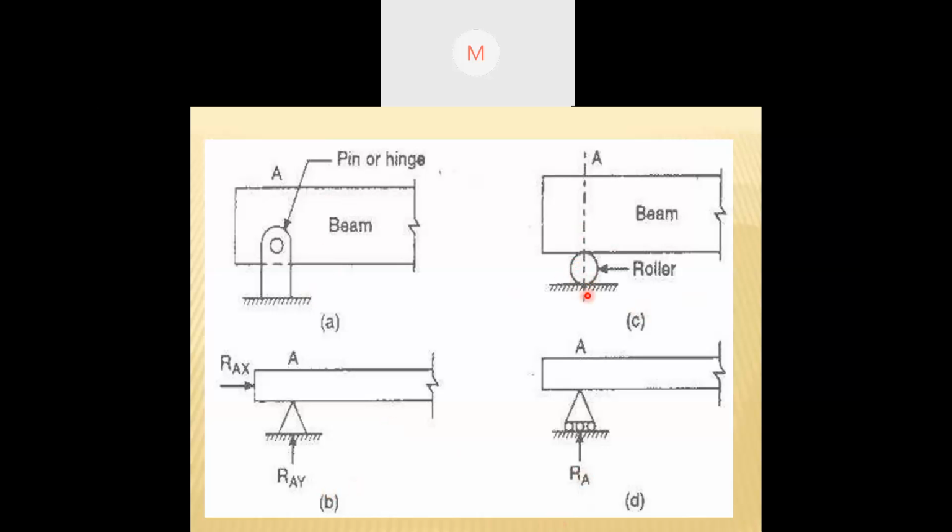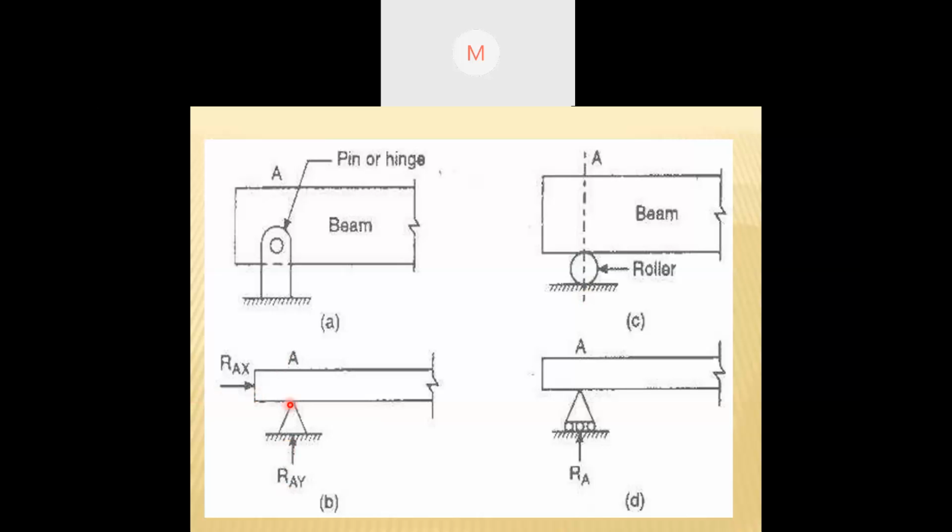So if these two are different, then there are two reactions that are being applied. This one and this one. These are the two reactions that are being applied.